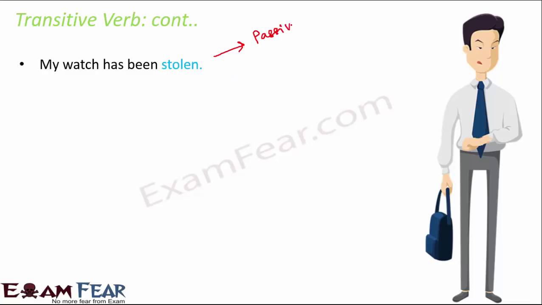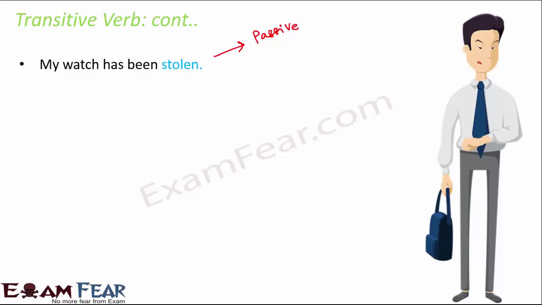Now, in passive voice sentences, the format is such that sometimes some of the things are hidden. For example, if you try to write the same sentence in active voice, what will you write? You will say that someone has stolen my watch, right? But in the passive form, we generally say my watch has been stolen. So that means that by someone is actually hidden in this sentence, correct?